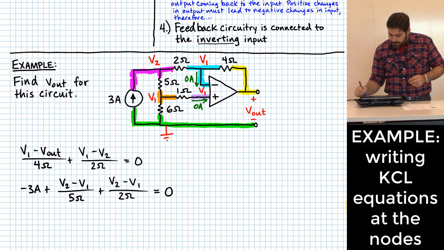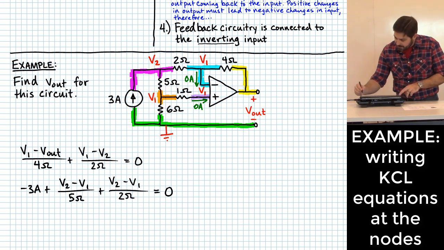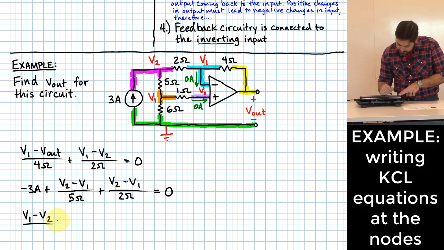Okay. The next one that might be kind of interesting here is the orange one, right? So what do I write there? V1 minus V2, I hear someone say, over 5 ohms. That's how much is exiting from the orange going up toward the purple.